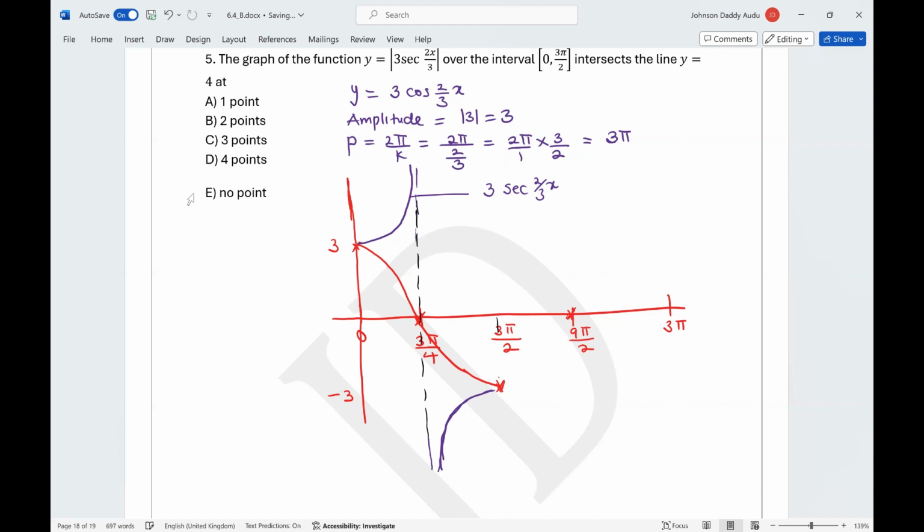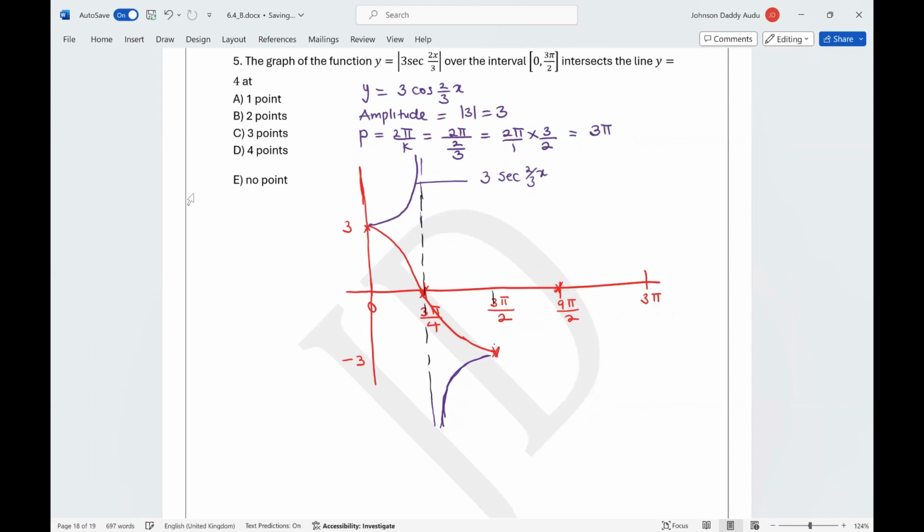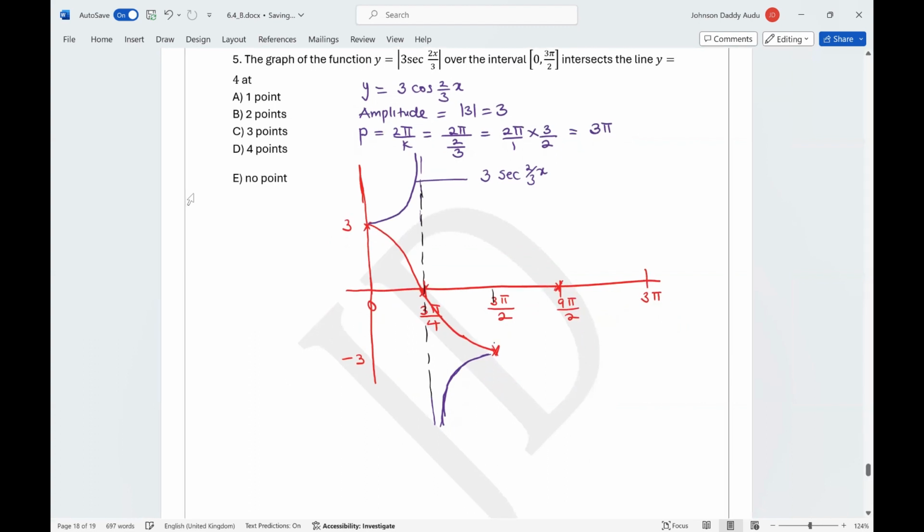Now we have an absolute value. So what does an absolute value look like? With this absolute value, it simply means that everything below the x-axis, we're going to bring it up.